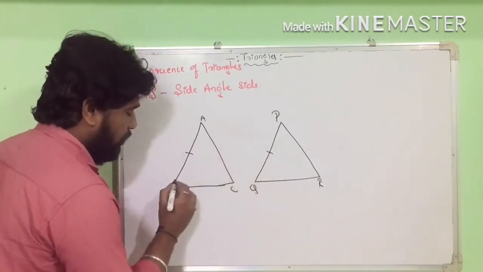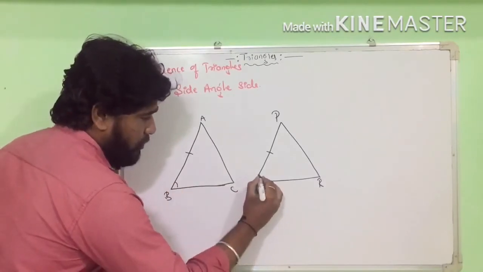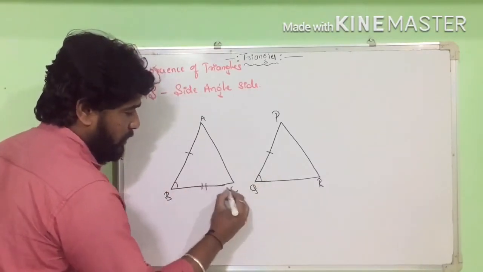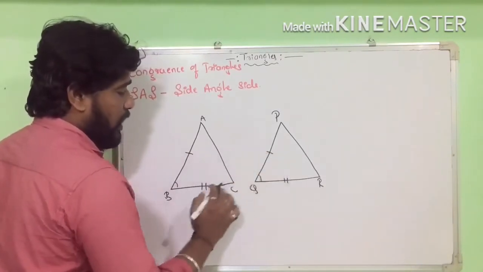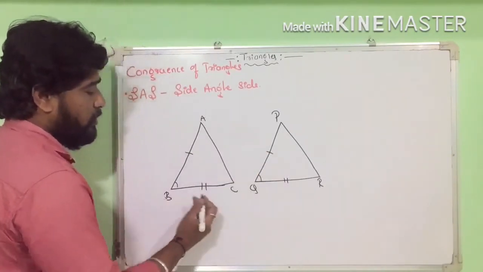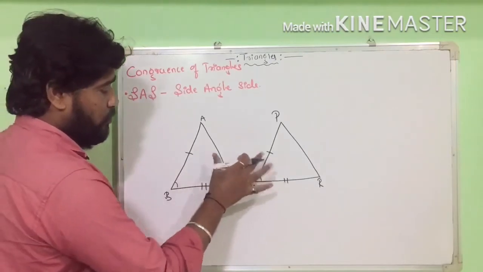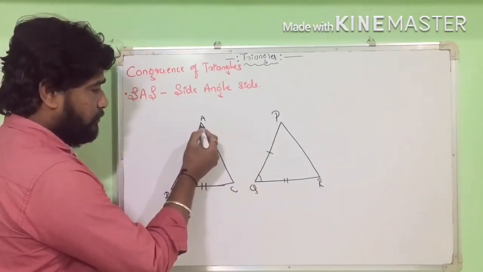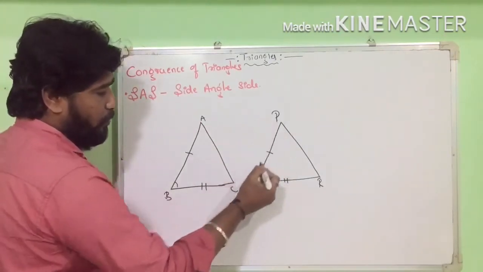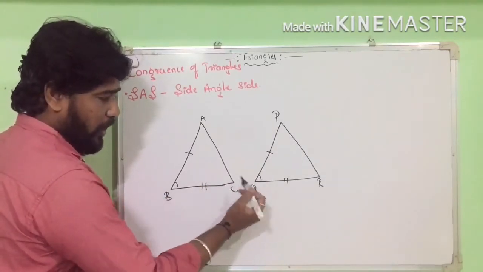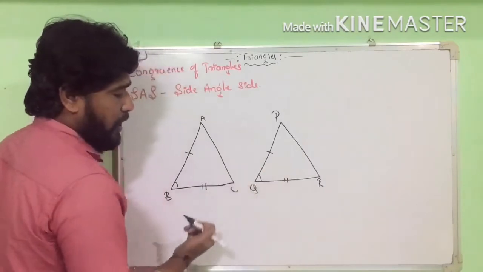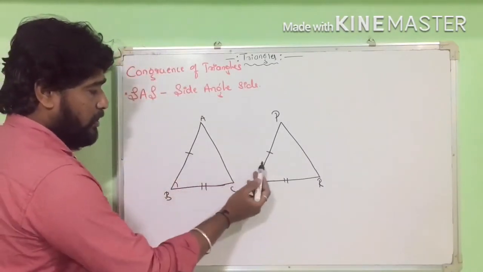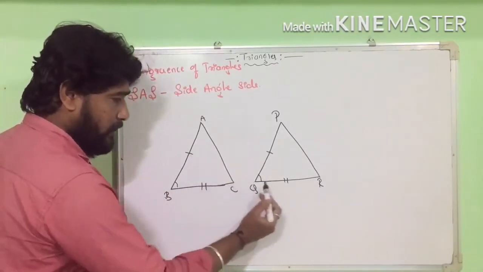These two are equal, and angle B is equal to angle Q. This symbol shows that these two are equal, right? So in these two triangles, they have AB equal to PQ, and angle B equal to angle Q, and BC equal to QR, right? So side, angle, and side.